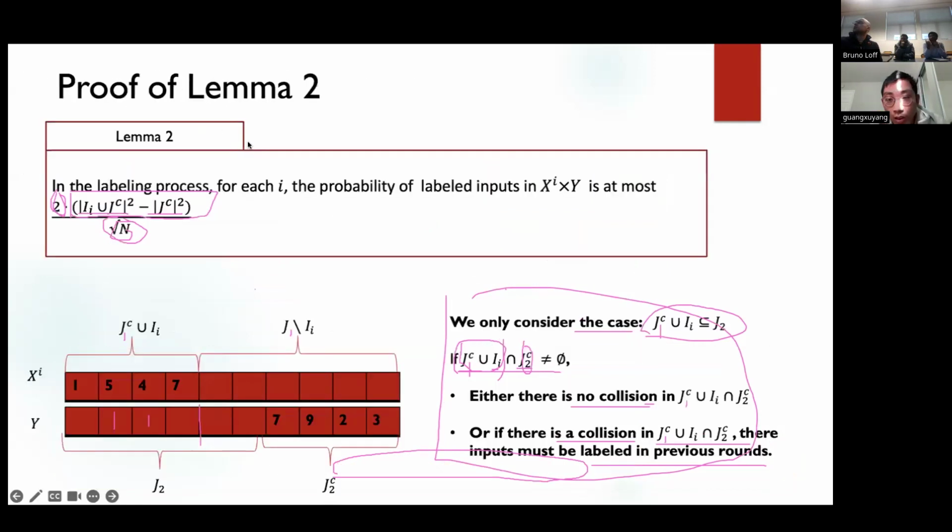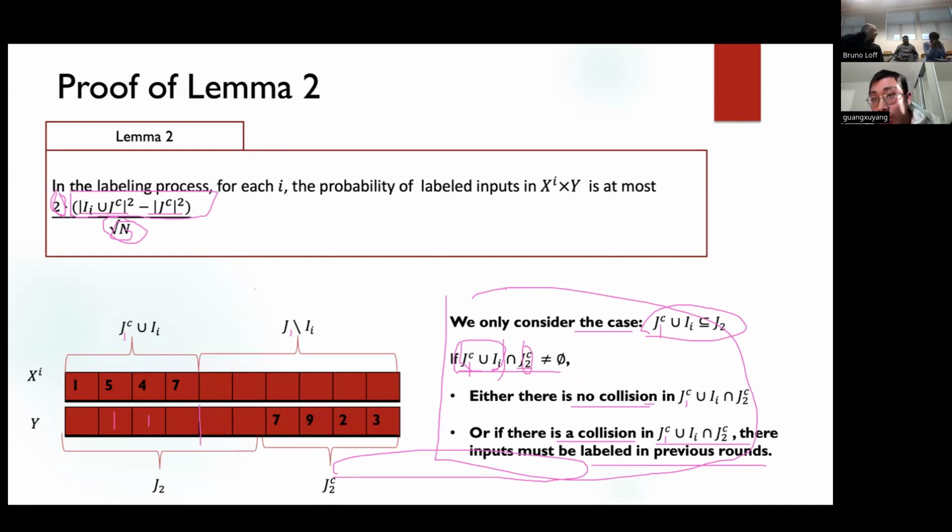Because of the union I sub I, any collision in J1 complement intersect J2 complement has already been found, right? Yes. Any condition in this part, even any collision in J1 complement has been found, and any collision in J2 complement has also been found. So the collision has also been marked before.